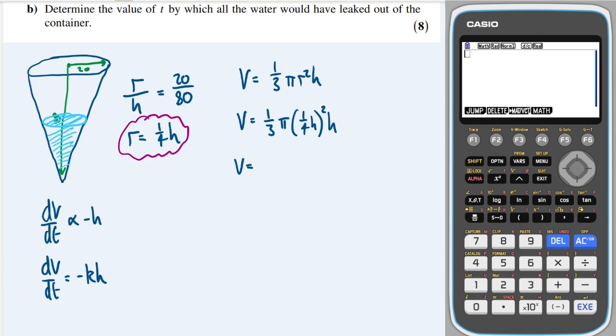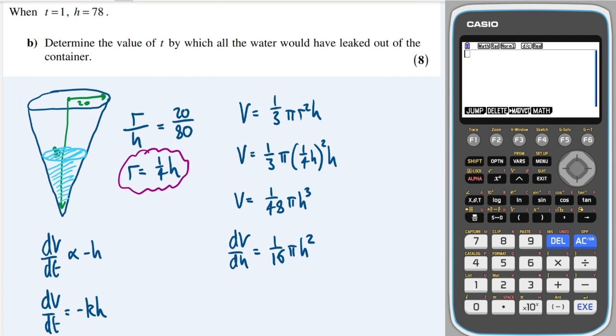So V is equal to 1/48, 16 times 3, yep, and that's going to be h cubed, and we're also going to have a pi. And I can differentiate that with respect to h to get 1/16 pi h squared.